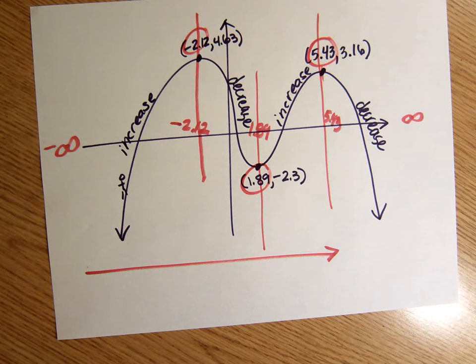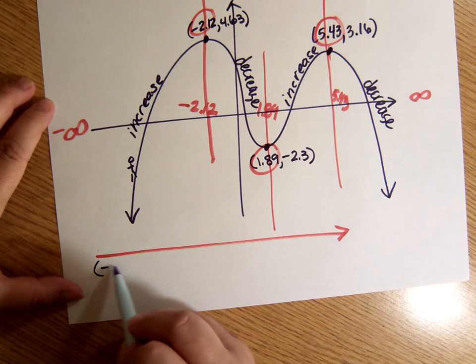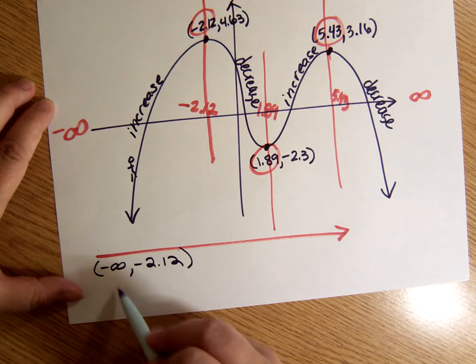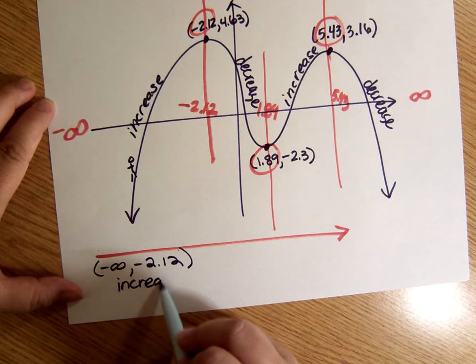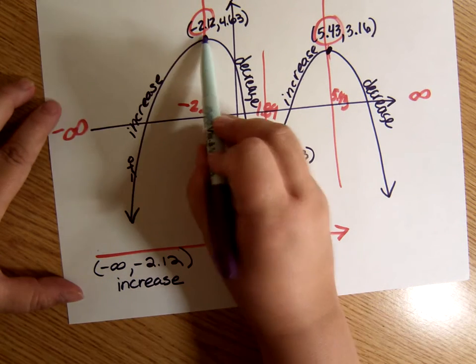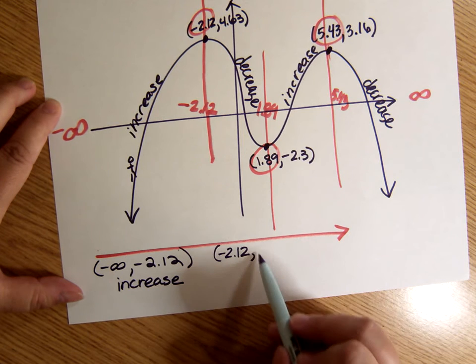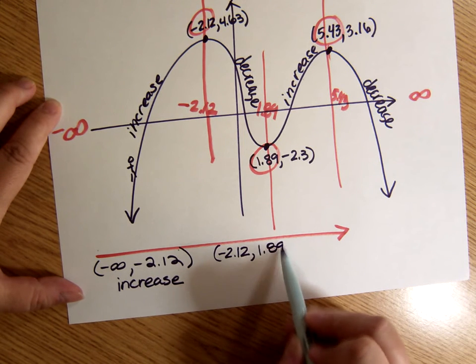Okay, so let's go ahead and write them. From negative infinity to negative 2.12, I have an interval of increase. From negative 2.12 to 1.89, I have an interval of decrease.